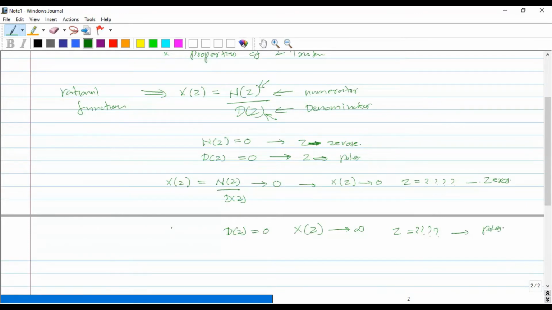So these are the zeros and poles. At zeros, our z transform is limiting to 0, and at poles, our z transform is limiting to infinity.